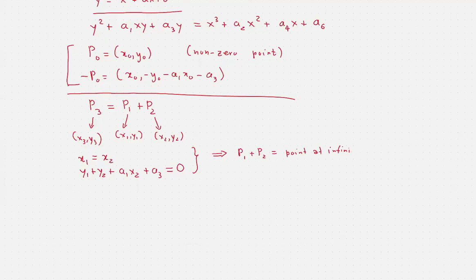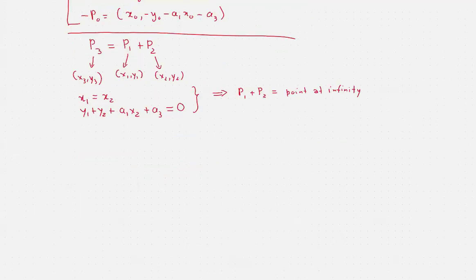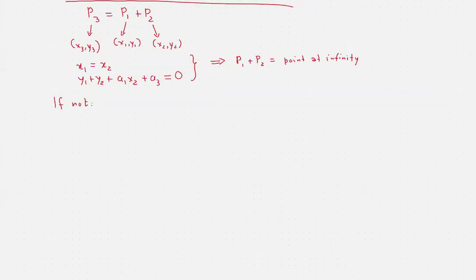And then if these two equations do not hold, then we have to define two numbers, lambda and mu.